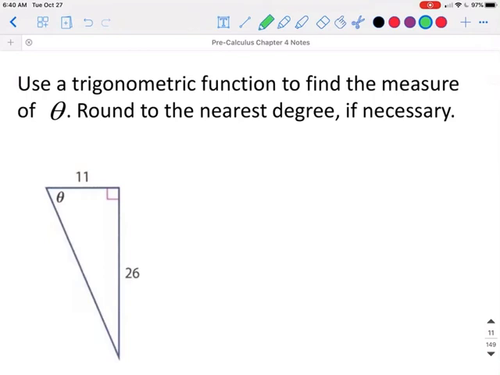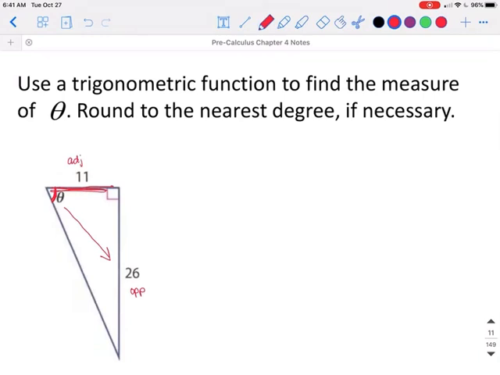So we're going to use a trigonometric function to find the measure of theta, rounding to the nearest degree. Again, first we have to identify which angle we're looking for and then what sides we are given. This side is across from the angle, so we know it is the opposite. Over here, this side is between the angle and the 90, so we know it is the adjacent.